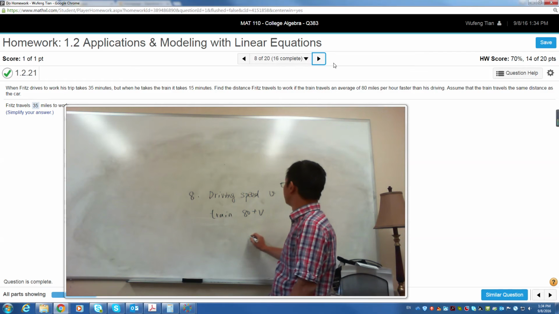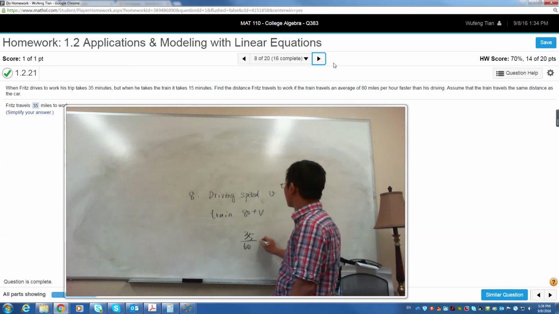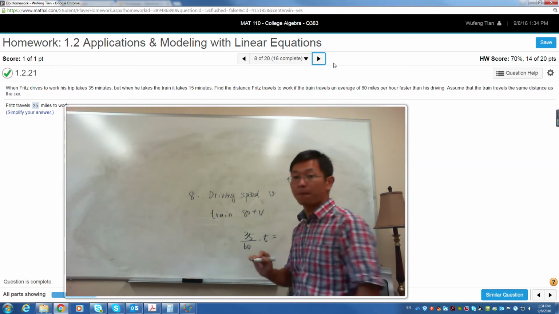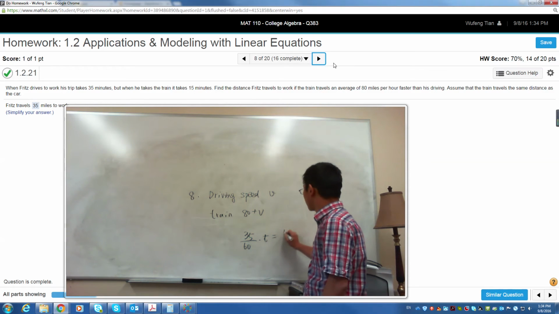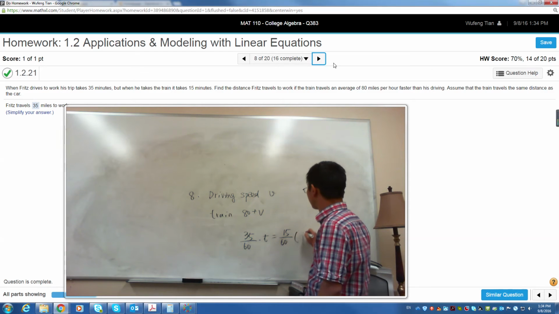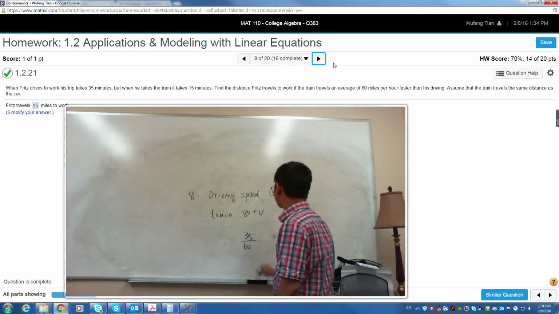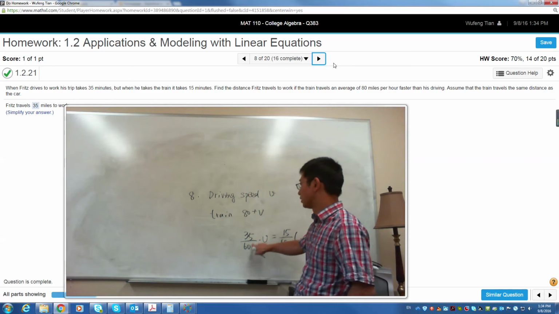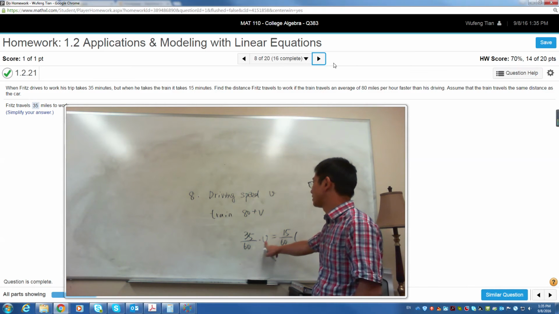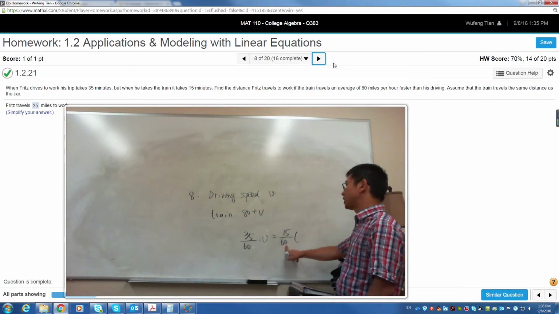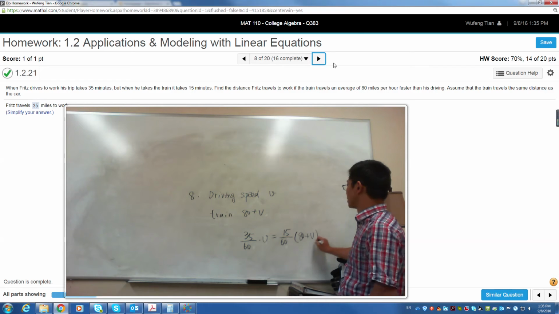So you're going to have 35 over 60 times v equals 15 over 60 times the train speed. 35 minutes over 60 minutes is how many hours, multiplied by the speed v, and this is the time to go by train, and your speed is 80 plus v for the train.